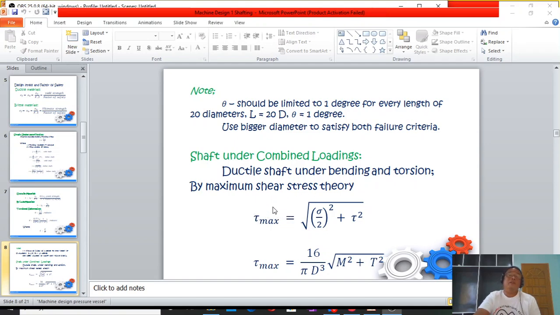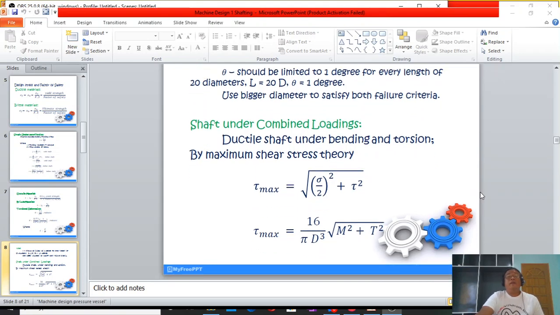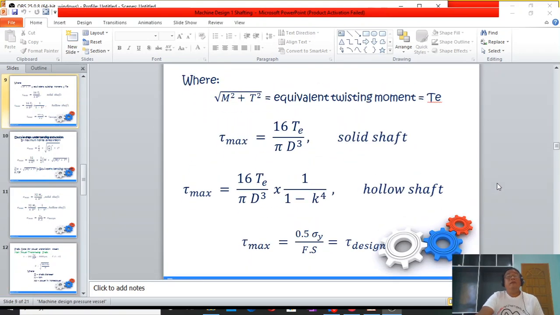But what is this square root of M squared plus T squared? This is the equivalent twisting moment, designated as TE.